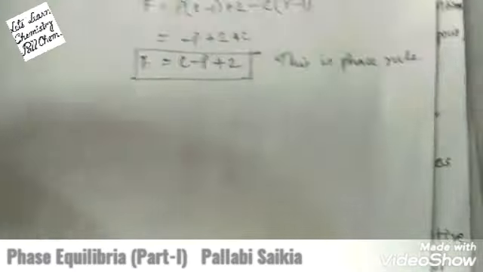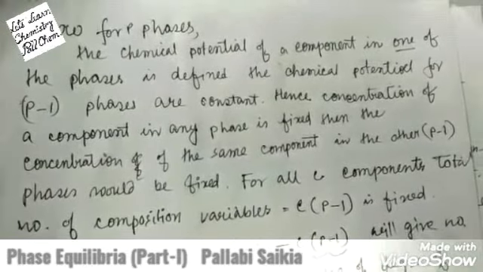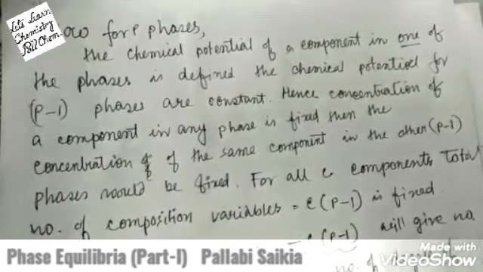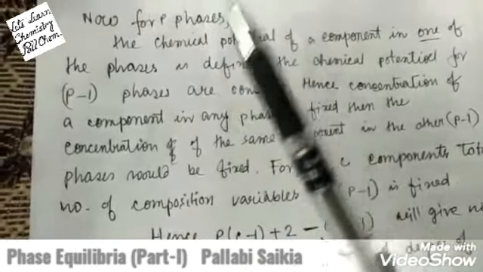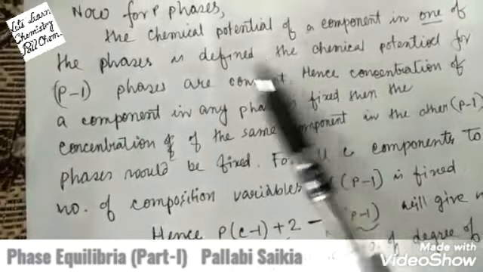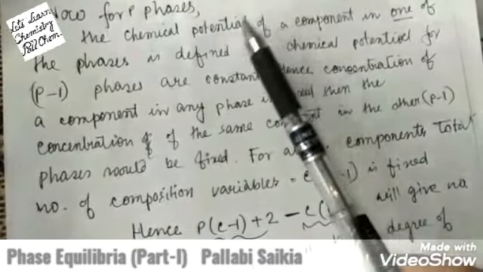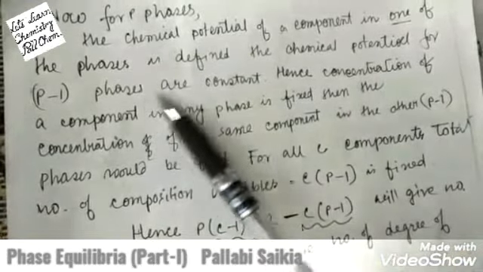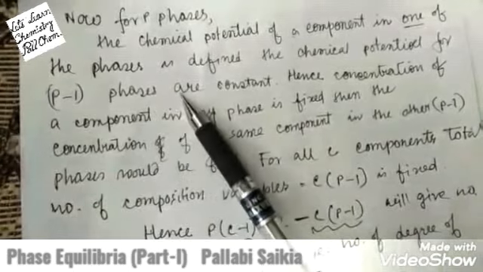Now the chemical potentials for the component 1 of the phases is defined. The chemical potentials for the P minus 1 phases are constant. So we are considering the equilibrium changes of one phase. Then the composition of P minus 1 phases will be constant. So the composition of only one phase is varied and the P minus 1 compositions will be constant. Hence P minus 1 is constant.